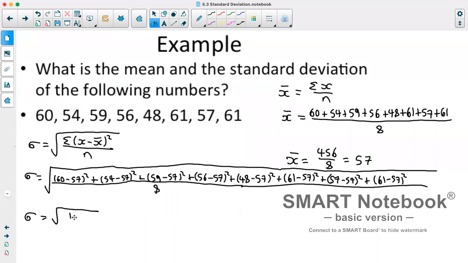So that numerator ends up being 136 divided by 8. So our answer is going to be the square root of 17. So this has a standard deviation of 4.12.